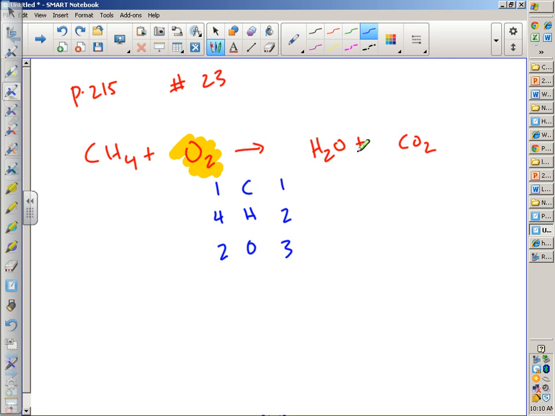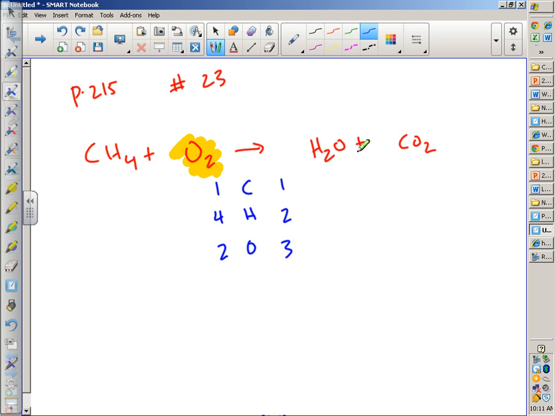My advice when balancing equations: if you find one element showing up in 2 different formulas on the same side of an equation, like oxygen showing up in carbon dioxide and water, both in the products, start with elements that only appear in one formula on each side, because that's our only chance to change those.